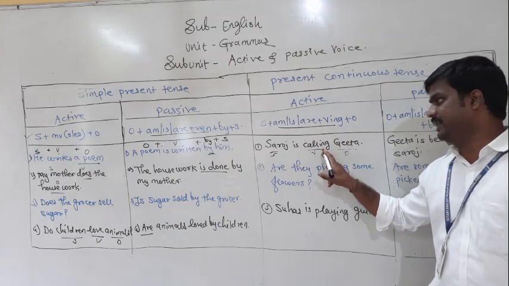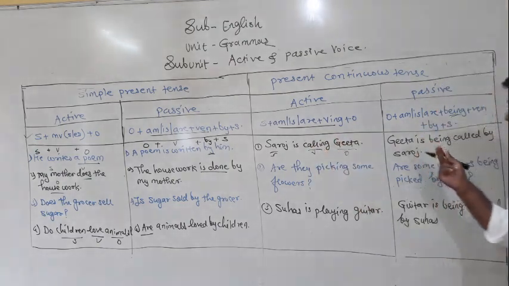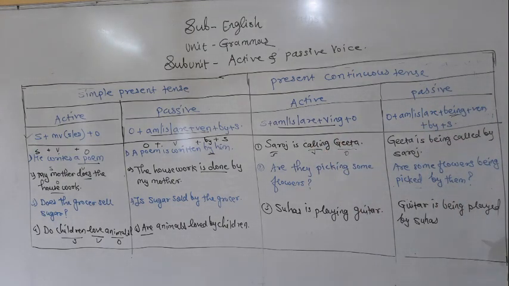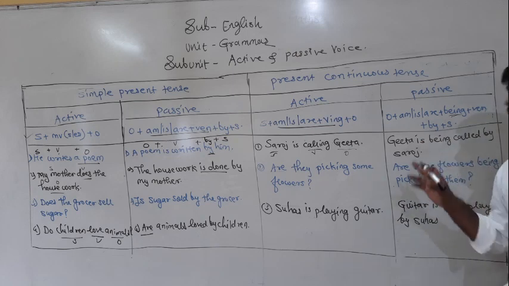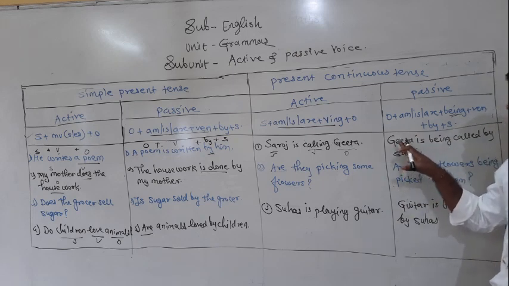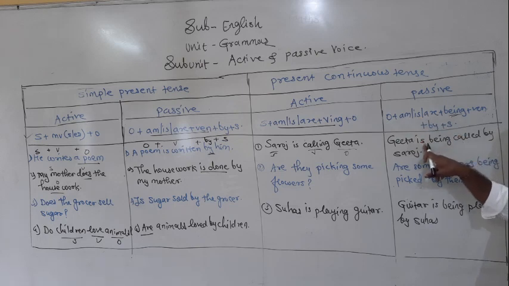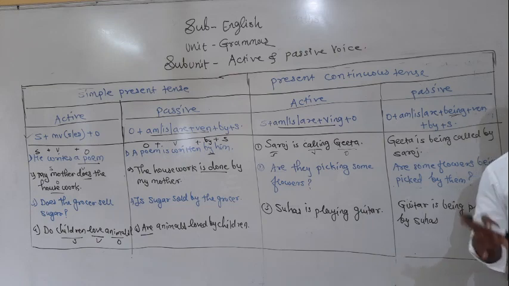Am, is, are plus the third form. It is in a continuous form. So while converting continuous into passive, what is there? Geeta is being. Will Geeta are come? No, are will not come because it is given in the singular form. So what is suitable here? Geeta is being called by Saroj.